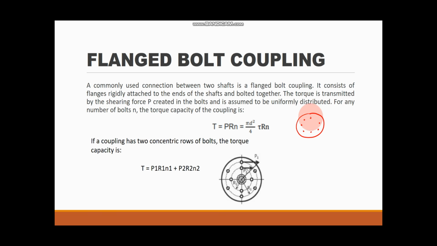So, the P is acting on the center of the bolt. And if I draw an imaginary line here, it is acting tangent to the bolt circle. So, ito yung tinatawag na bolt circle. So, this is P that is acting on the center of the bolt and is tangent to the bolt circle.